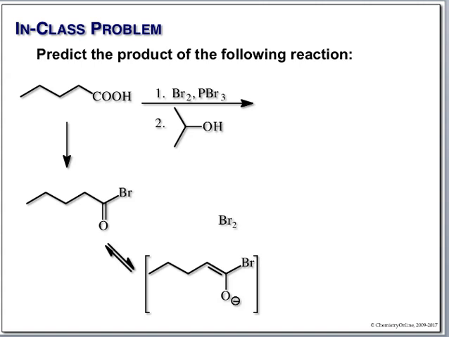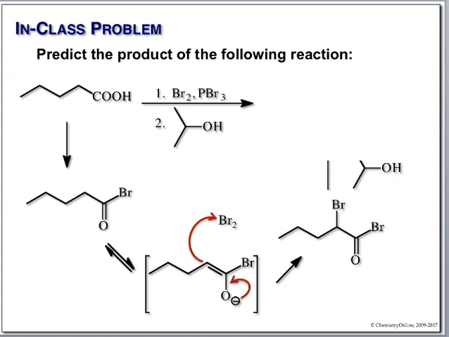Whenever you have an enolate, remember, we're going to have negative charge at the alpha carbon. So these electrons will move in, they will then attack Br2, and we make the alpha-bromo acyl bromide.